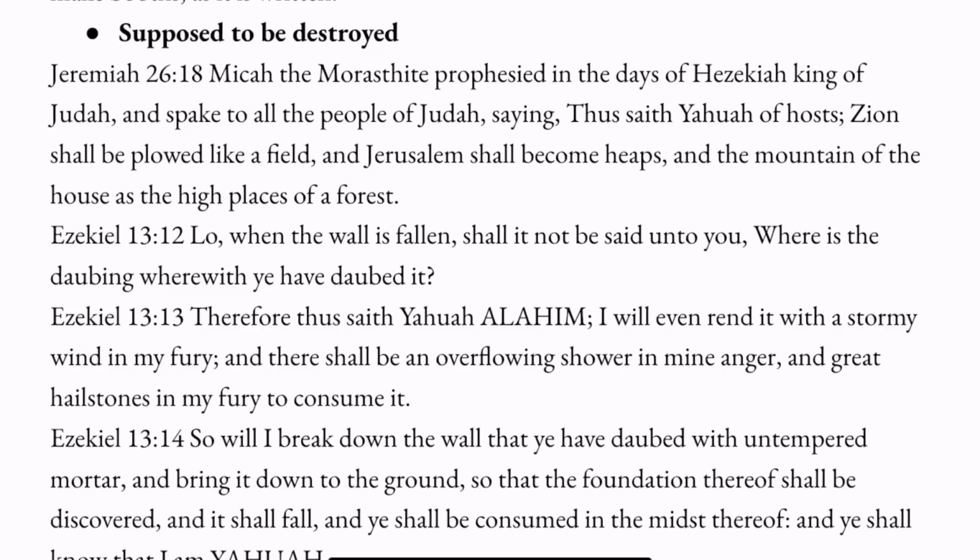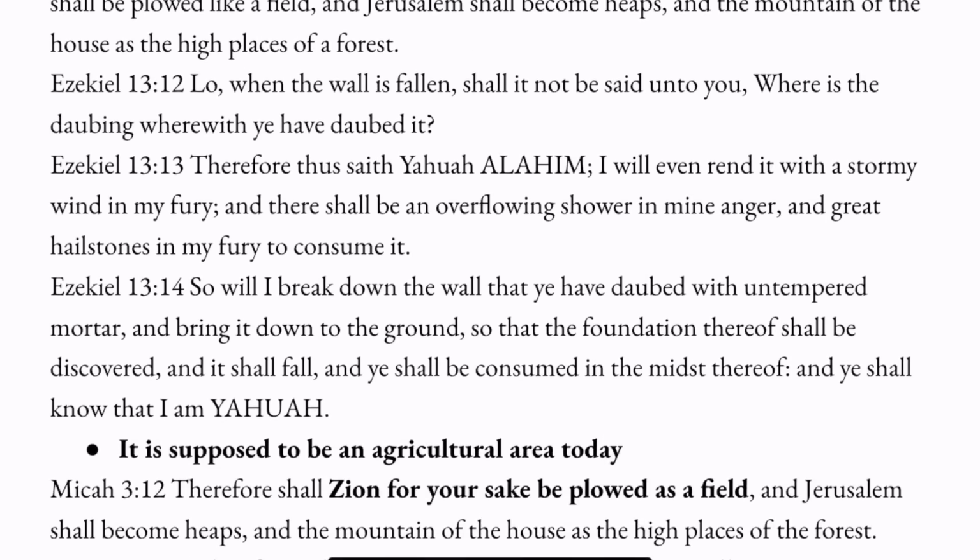So will I break down the wall which you have daubed with untempered mortar, and will bring it down to the ground, so that the foundation thereof shall be discovered, and it shall fall, and ye shall be consumed in the midst thereof. And ye shall know that I am Yahuwah."